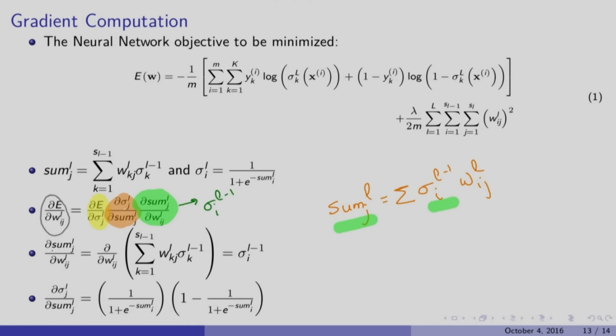The partial derivative of the sum with respect to Wij^l is sigma i^(L-1), which was already pointed out. The second component is the partial derivative of the sigma with respect to the sum, and that has been shown here. And finally, what about the partial derivative of E with respect to sigma j^l?